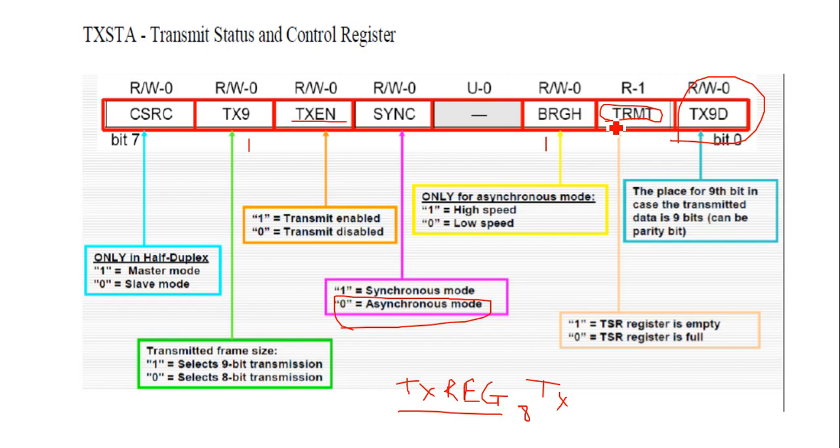The data is already framed in the TSR. That framed data is transmitted through the TX pin. When it reaches the last bit, the stop bit, and that last bit is on your TX pin, then the TRMT flag is raised. That means your TSR register is now empty. You have to fetch data into the TSR.